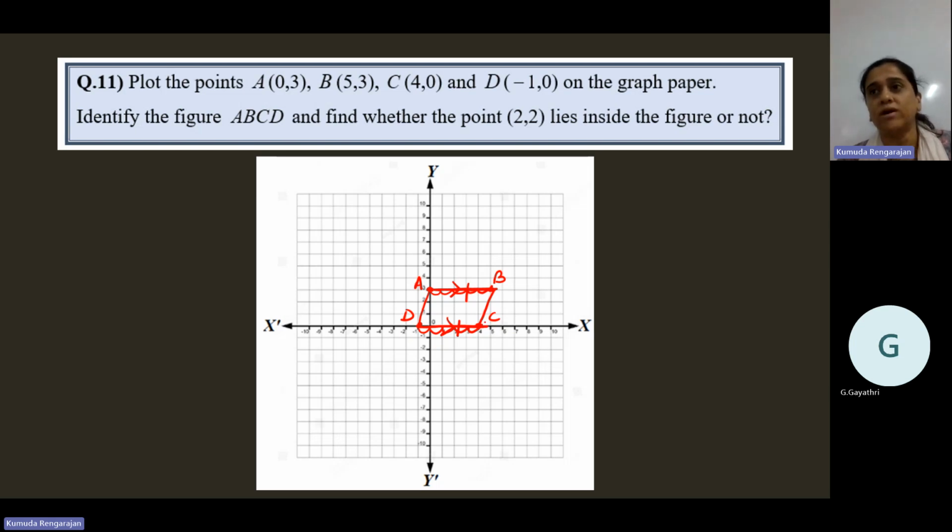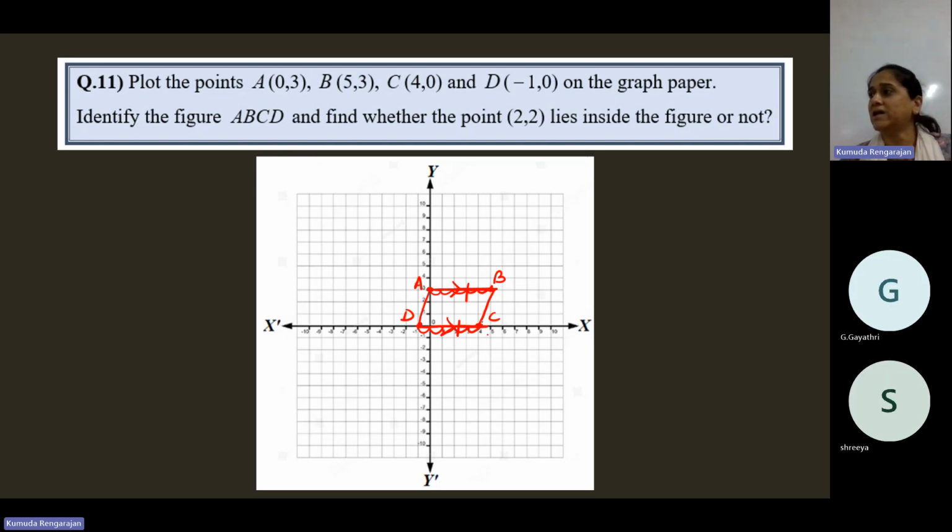So since in this quadrilateral one pair of opposite sides are parallel and equal, the quadrilateral is a parallelogram. Now 2, 2. Where is 2, 2? This is 2, 2. Yes, it lies inside the figure.